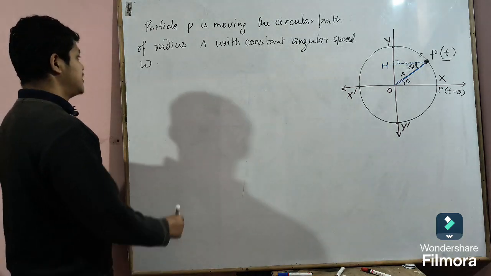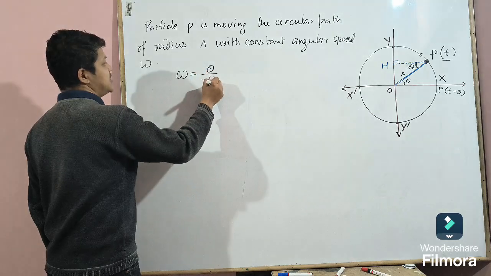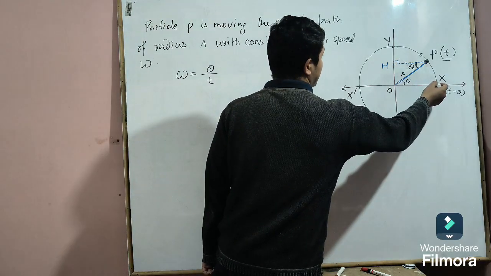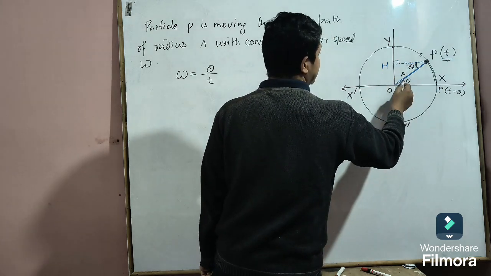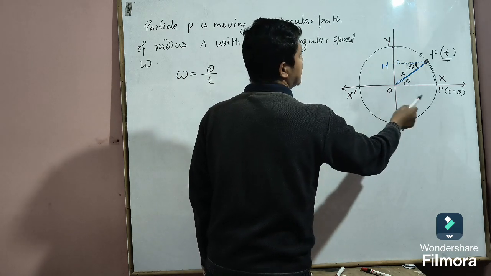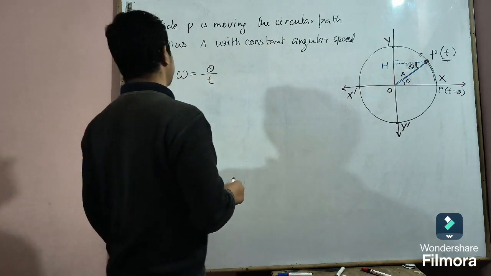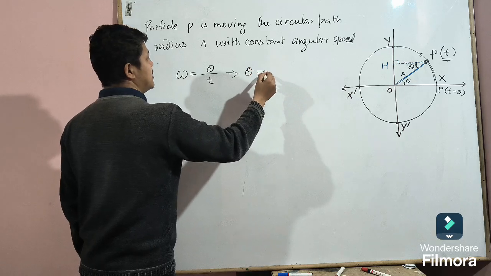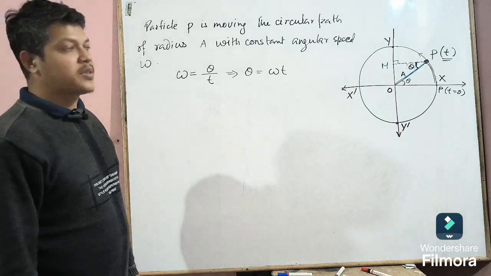Then omega will be given by theta by t. The angle subtended by this arc, which is covered by this particle in time t, at the center is theta. That's why angular speed will be given by theta by t. So that's why we can write theta is equal to omega t.